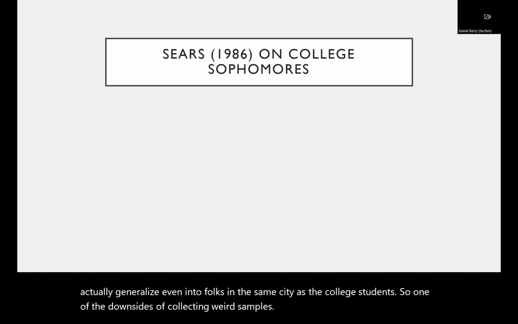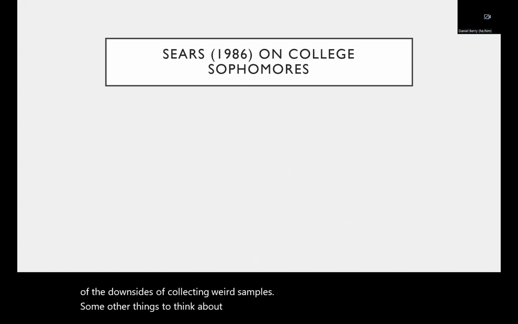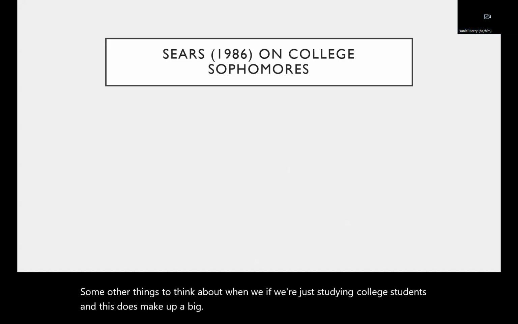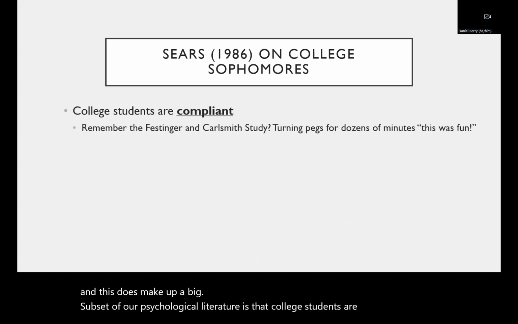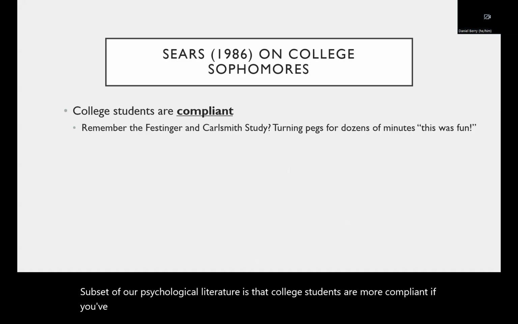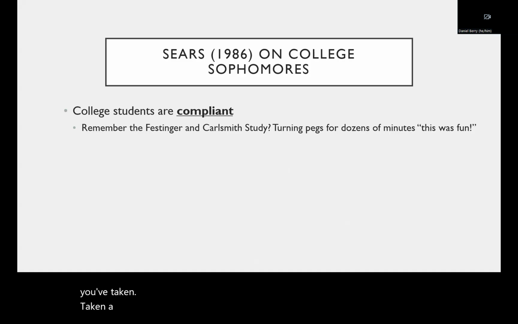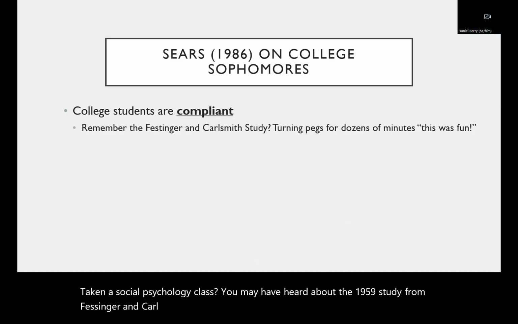Some other things to think about if we're just studying college students, and this does make up a big subset of our psychological literature, is that college students are more compliant. If you've taken a social psychology class, you may have heard about the 1959 study from Festinger and Carlsmith, in which participants were asked to turn pegs for several dozens of minutes.